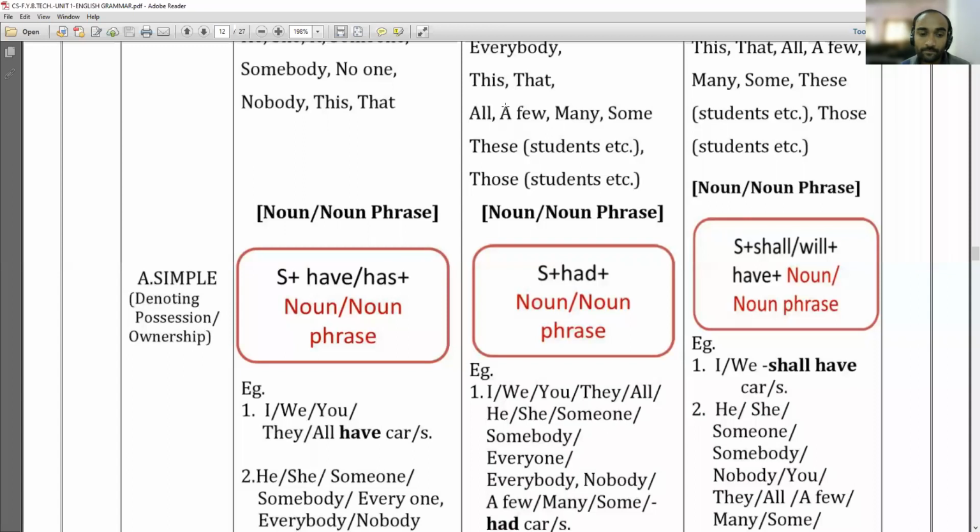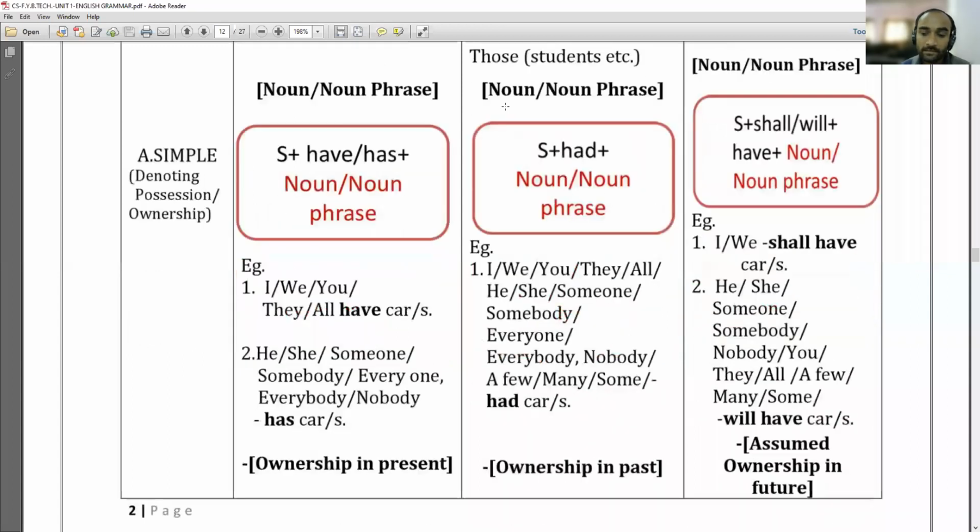For example, the examples that we have seen are I have car, you have car, we have car. And if we are talking about the third person singular pronoun, he, she, it, someone, somebody, then we have to use has.